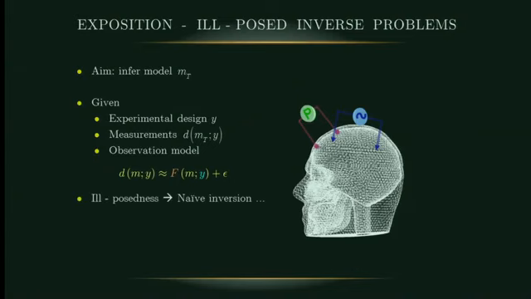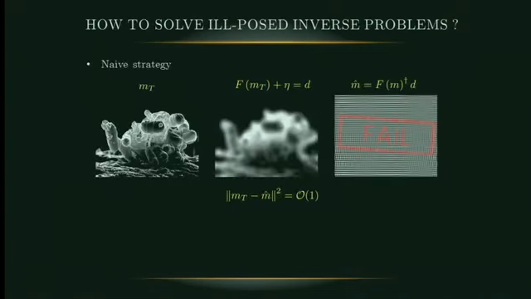And as we all know, if we try to naively invert, just try to minimize some discrepancy between what we predict the data to be and the true data, typically we fail.